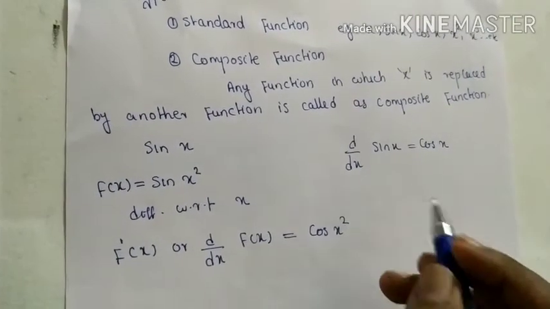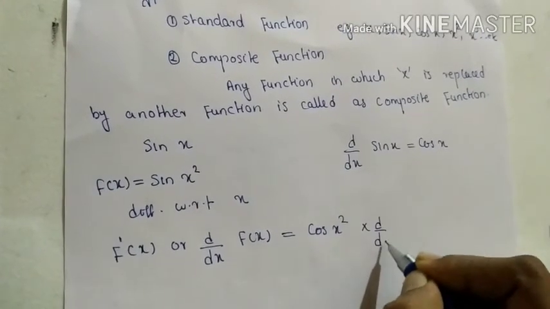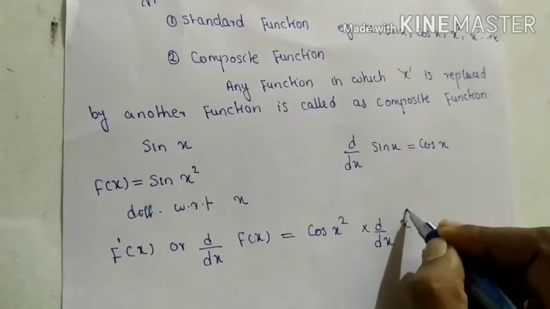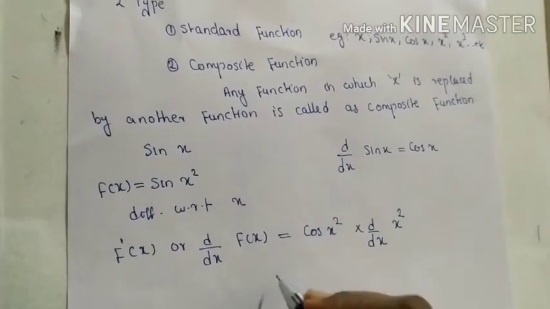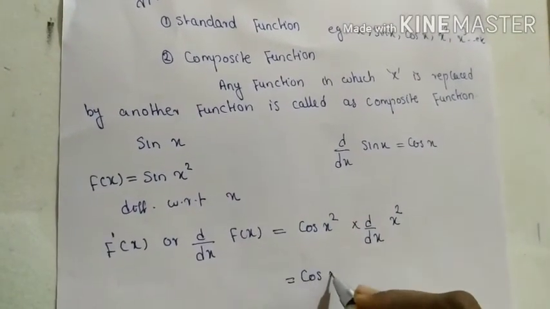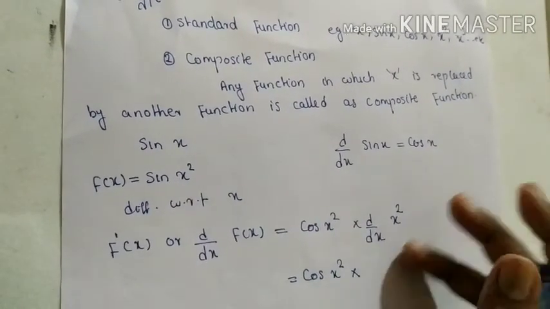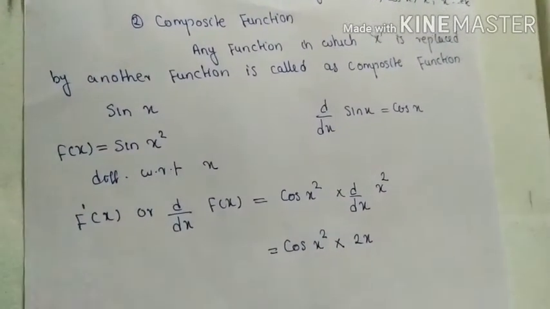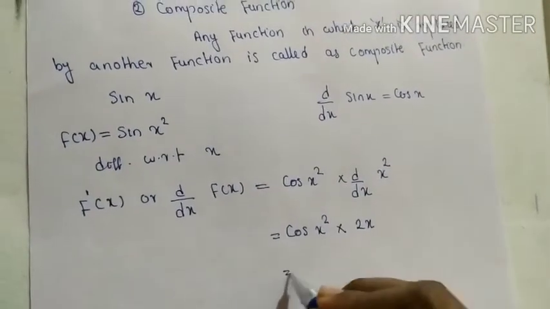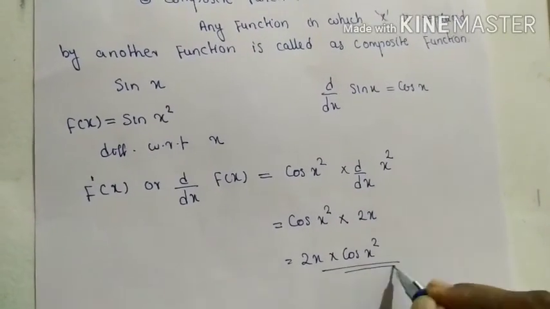So we multiply the derivative of x square and we get cos x square into the derivative of x square, which is 2x. So replacing, we get our answer 2x into cos x square. This is our final answer.